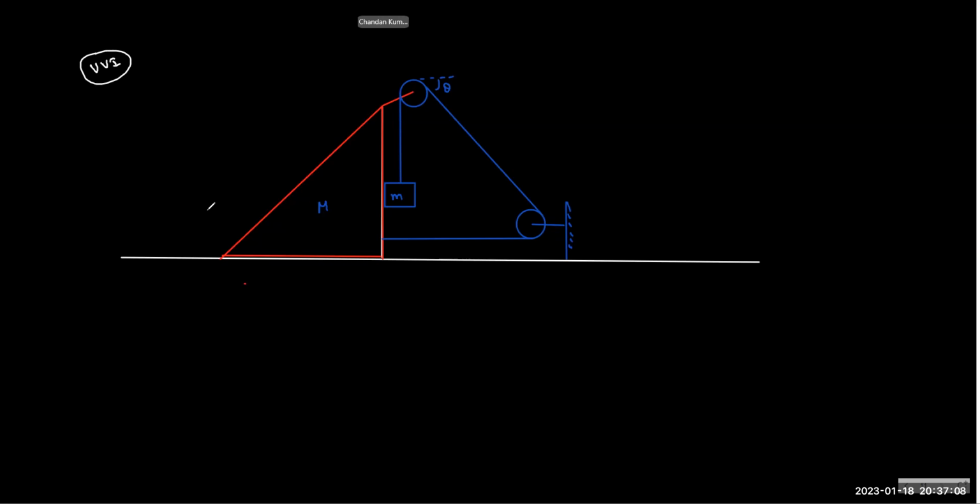You are right. So there is no way out, right? The only way it can move is right. So let's say the acceleration of the wedge towards right is AX.